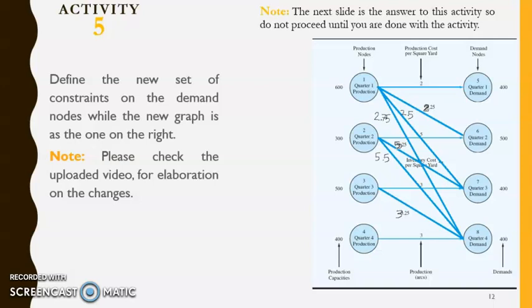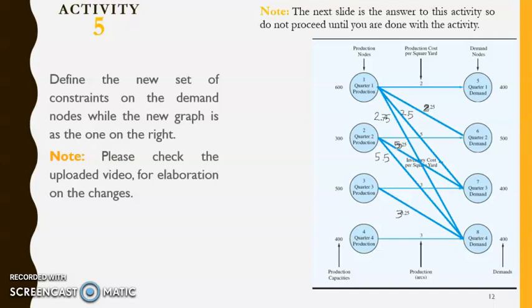Here you are asked to define the new sets of constraints regarding the demand nodes. Similar to the previous ones, you check here and the demand is 400, and remember, these things are demand nodes, so the sign you should use is equal.